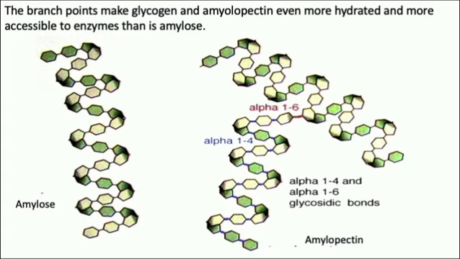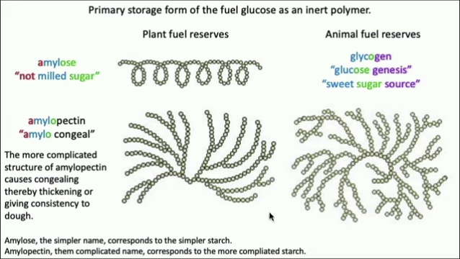In contrast, the more complicated amylopectin is formed by taking these amylose helices and linking them together to make branch points through alpha-1,6 glycosidic links. In fact, typically there are multiple branch points in amylopectin such that there can be 10,000 glucose residues in one amylopectin starch molecule.